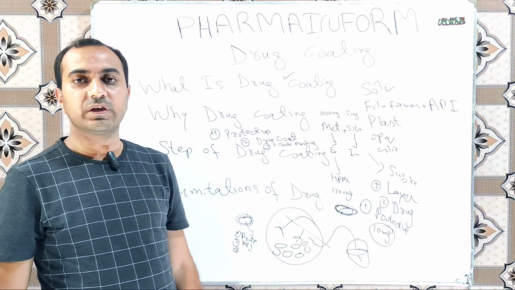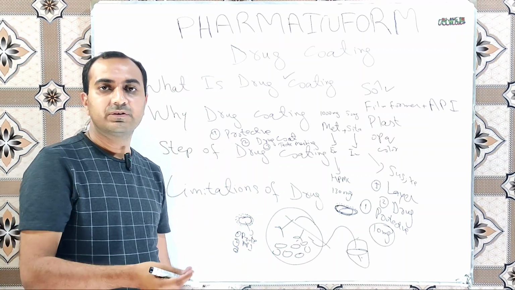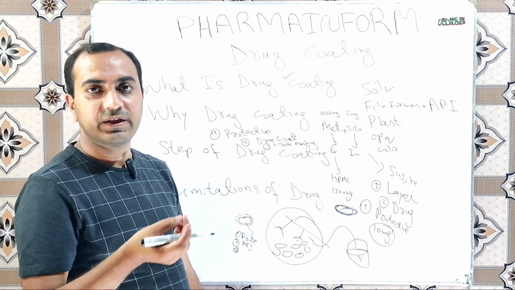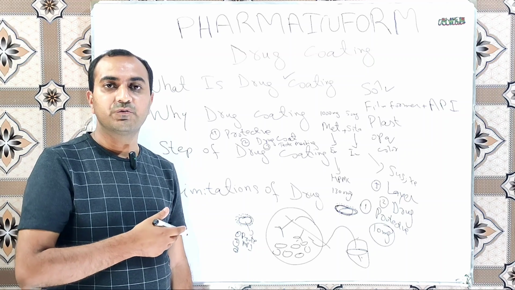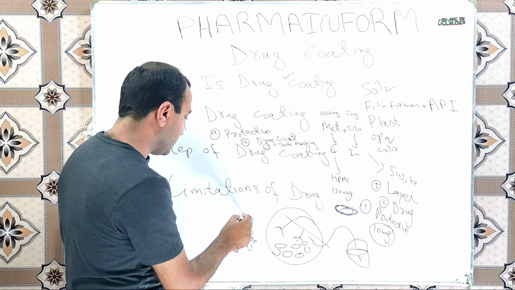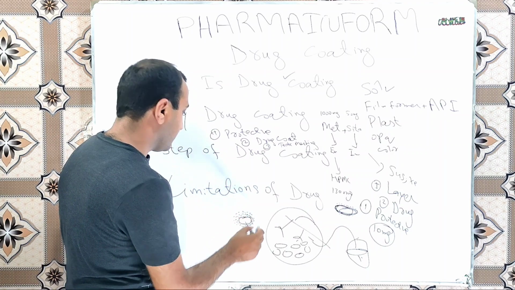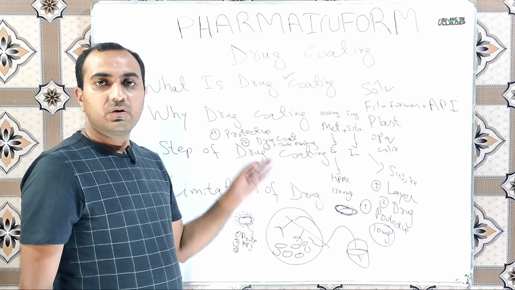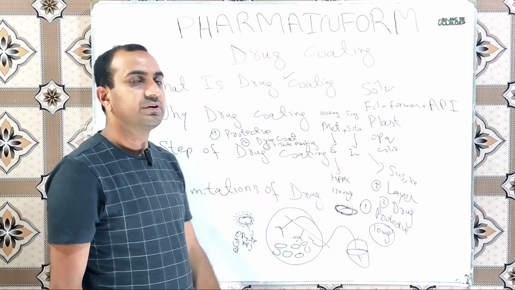In this we use any polymer to cover the surface of API, so whenever any patient takes our tablets and places the tablet over the tongue, the bitter taste is not felt because the final layer over the API is now an inert polymer. So in these 3 steps, our drug coating process is completed.